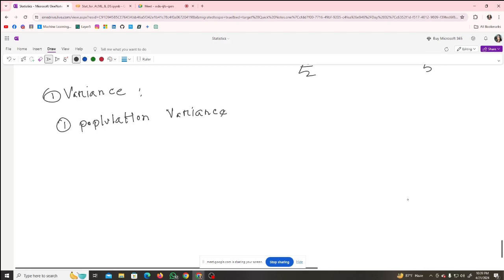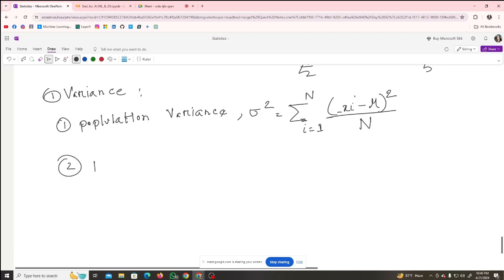Okay. And the formula for this is the sum from i equal to 1 to the total number of data in that data set, of each data point minus the mean of that data set, divided by the total number of values in that data set.